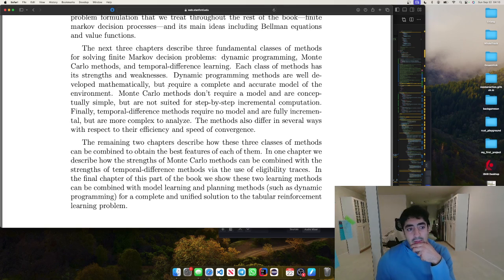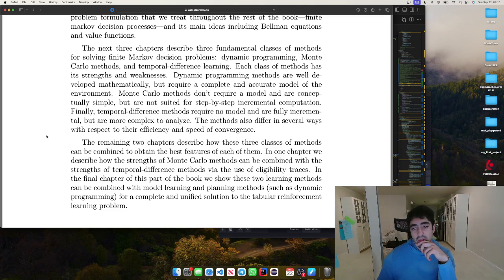Very, very interesting. Each class of methods has its strengths and weaknesses. Dynamic programming methods are well developed mathematically but require a complete and accurate model of the environment. Monte Carlo methods don't require a model and are conceptually simple, but are not suited for step-by-step incremental computation. Finally, temporal difference methods require no model and are fully incremental, but are more complex to analyze.